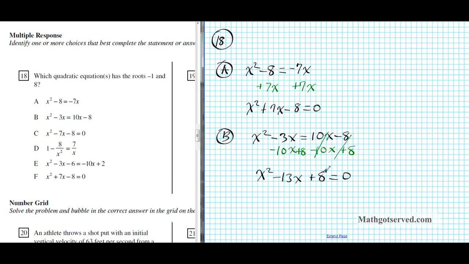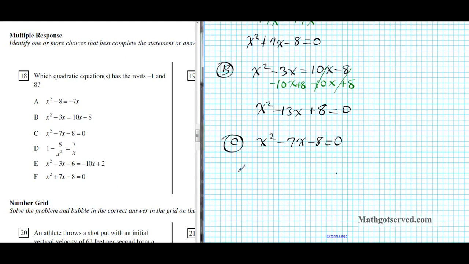All right, let's take a look at option C. Option C is already in standard form, which is x squared minus 7x minus 8 equals 0.